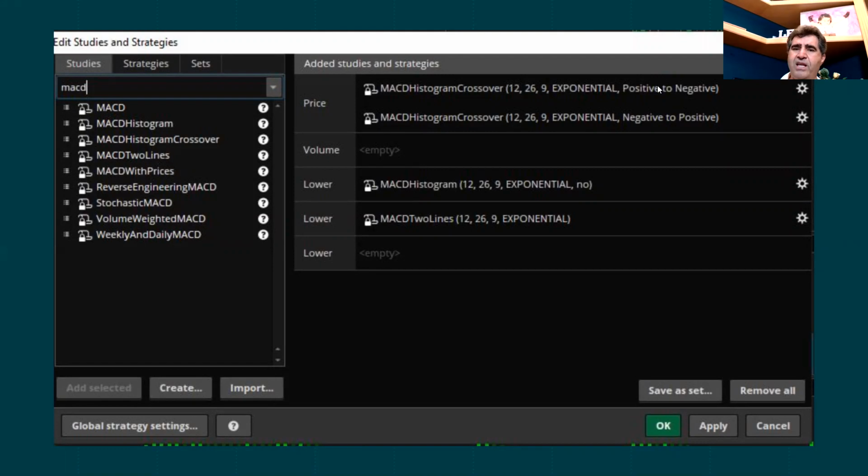This way, it will give you the sell signal and also the buy signal. Then you have the histogram, and the MACD two lines, which is again 12, 26, and 9. So this is how you can build your chart and the indicators.